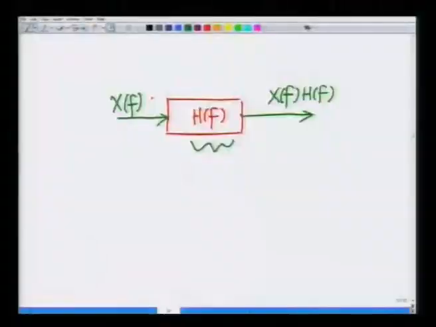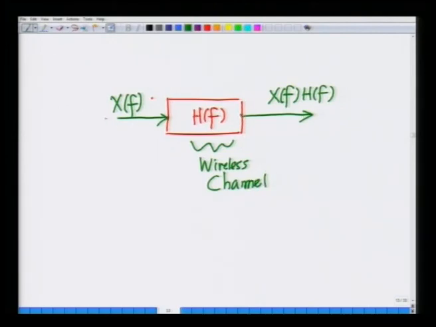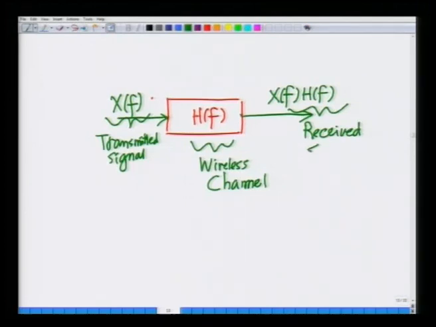Now, let me take an example. In our system, this H of f is the wireless channel, X of f is the transmitted signal, and X of f H of f is nothing but the received spectrum.